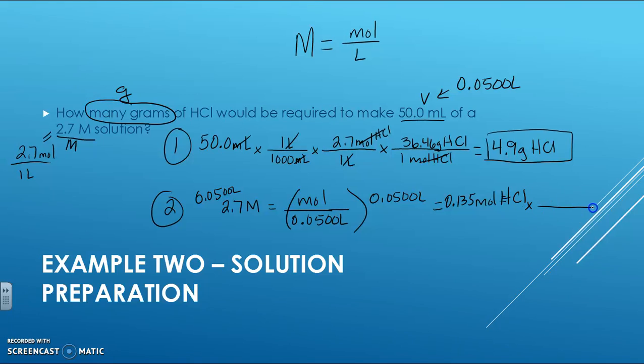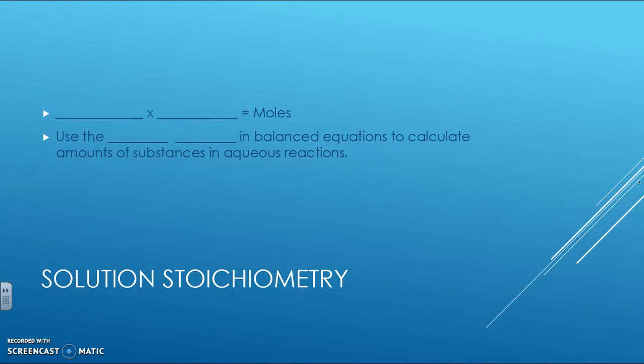But we want grams, so we've got to keep going. So 1 mole, and then we multiply it by 36.46 grams, and we should end up getting the same number, 4.9 grams of HCl. So it doesn't matter which way you solve it as long as you solve it and you get the right answer.